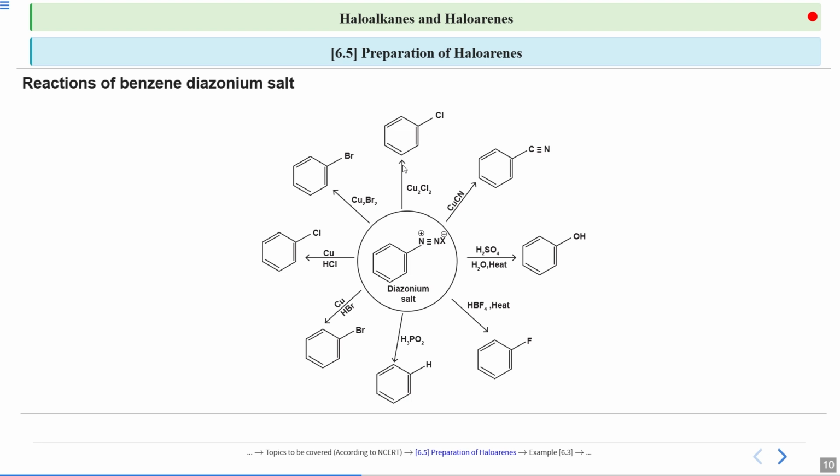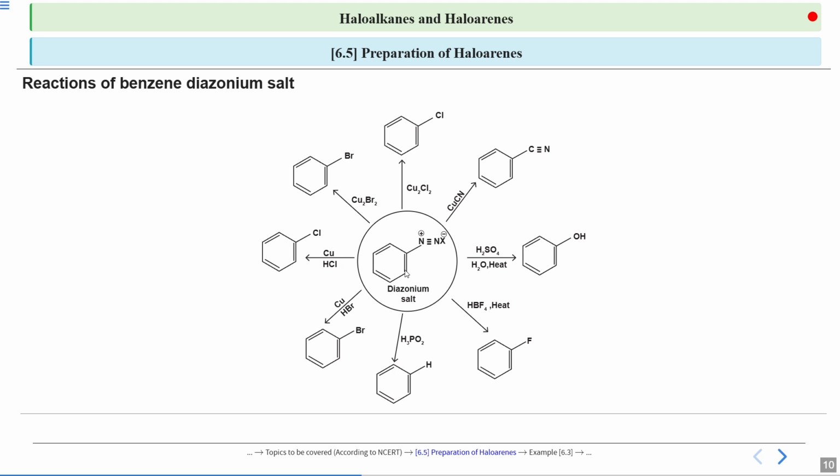Similarly, you can also get chlorobenzene by the reaction of diazonium salt with HCl in the presence of copper. And for bromobenzene, another process is the reaction of diazonium salt with hydrogen bromide, the halogen acid, in the presence of copper, and you will get bromobenzene as a major product.